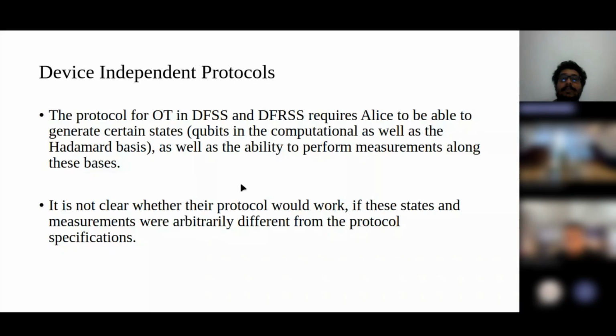These are called BB84 states, and it also assumes that Bob and Alice both can do measurements along these bases.